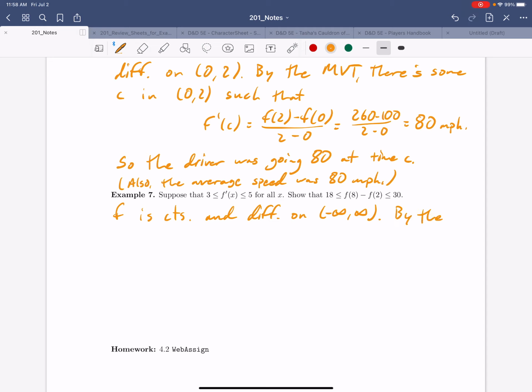By the mean value theorem, there's some c in the interval from 2 to 8, right? Because I'm looking at that right there.